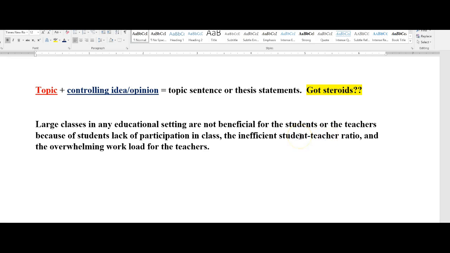I even think 30 students is too much. And then the last point is overwhelming workload for the teachers. Obviously the more students the teachers have, the more work they have to do at home or in getting prepared. So this is the thesis statement, because this would be for a whole essay.